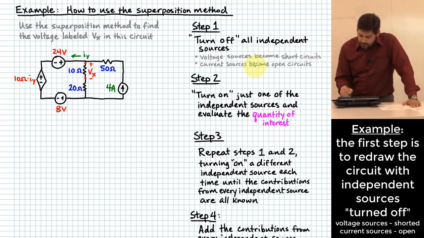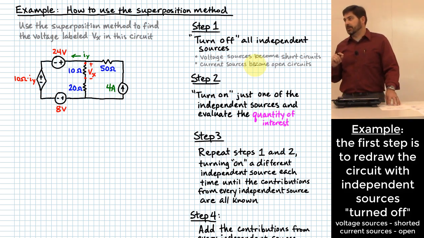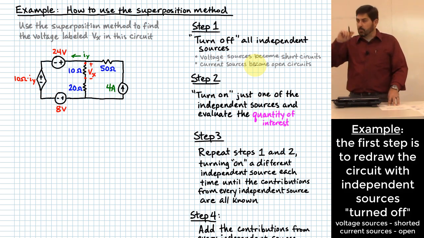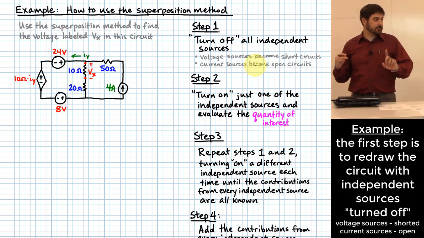Current sources, when we turn those off, we're trying to make their current 0. What's the best way to assure you have 0 current flowing from one lead to another? Infinite resistance, or you can think of it as literally no path for the current to flow.